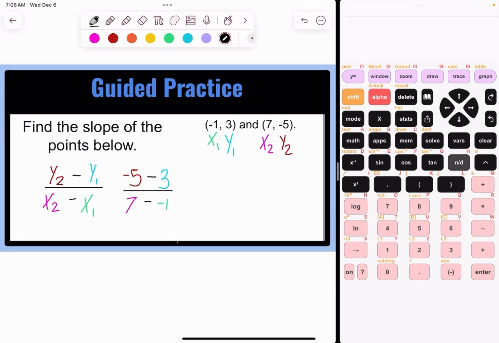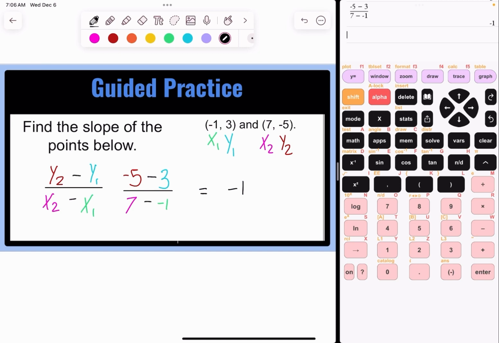And now the cool thing is we can type this directly into the calculator. Negative 5 minus 3. And let's just go over those x's real quick. The x2 was 7, and you always have to put a minus sign, but then your x1 was negative 1. So it's okay to have a minus negative. Enter. And that gives us the answer of negative 1.